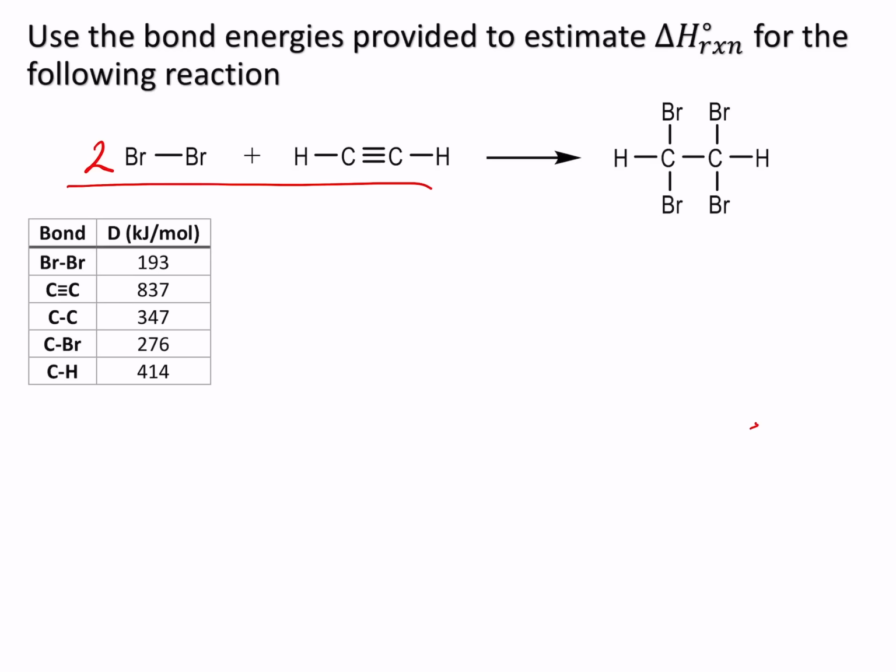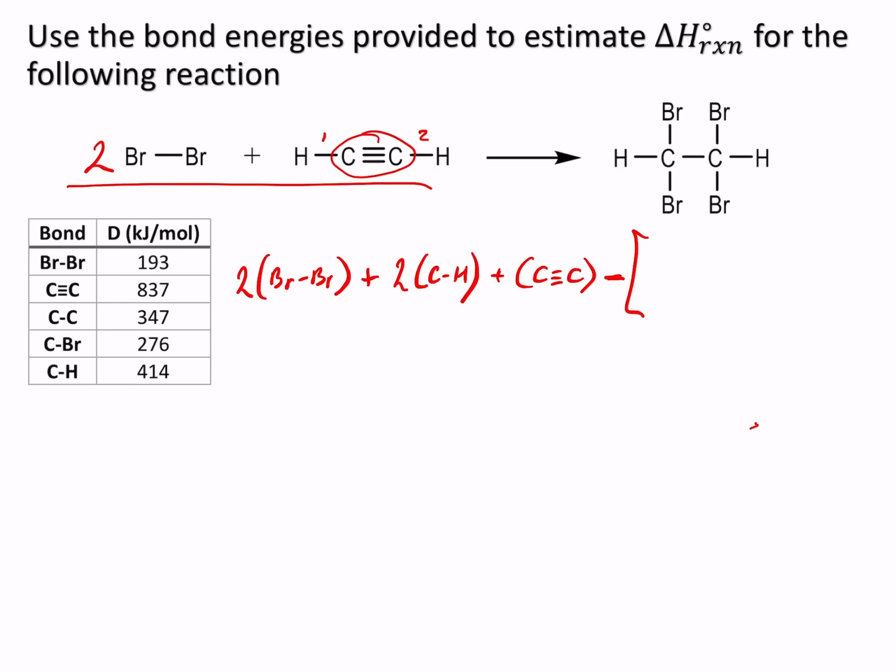In the reactant side, what you have is 2 bromine bonds, and then you also have 1 and 2 carbon-hydrogen bonds, and last but not least you have a carbon triple bond.